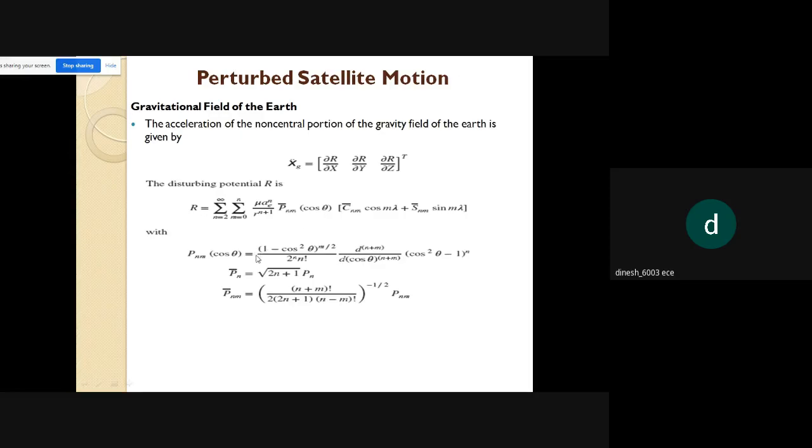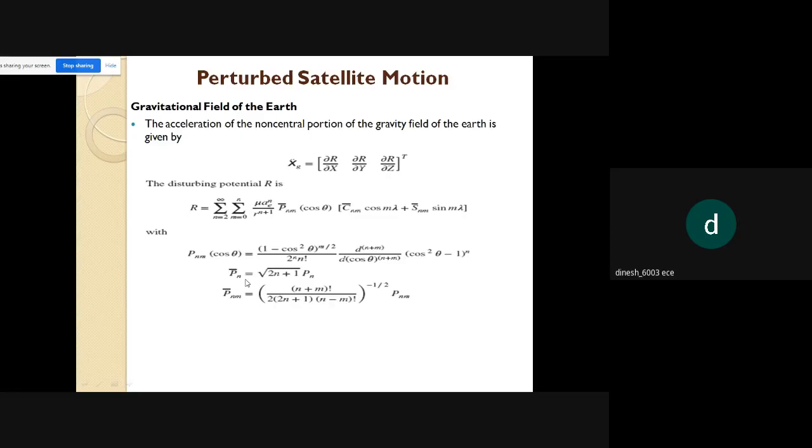It is this, which is obtained for the gravitational field of the Earth, (1 minus cos square theta) m by 2 divided by 2 power n into n factorial, d n plus m divided by d cos theta n plus m, (cos square theta minus 1) power n.